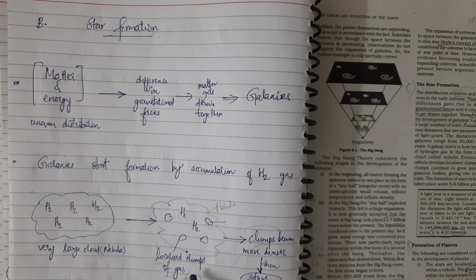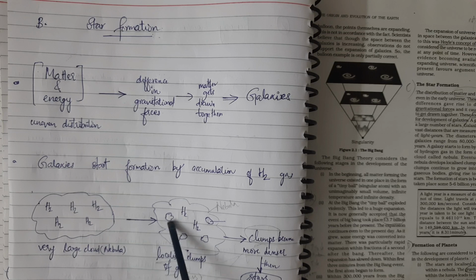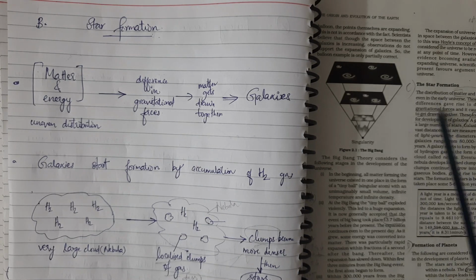Localized clumps of stars started forming. Many atoms started occupying one place, and it formed a clump there, and a clump here, like that. This became even larger, and larger, and finally it became stars. This is how stars formed. This is what is being told in this para.